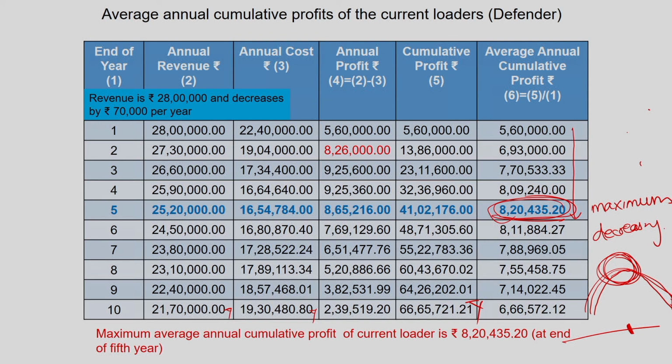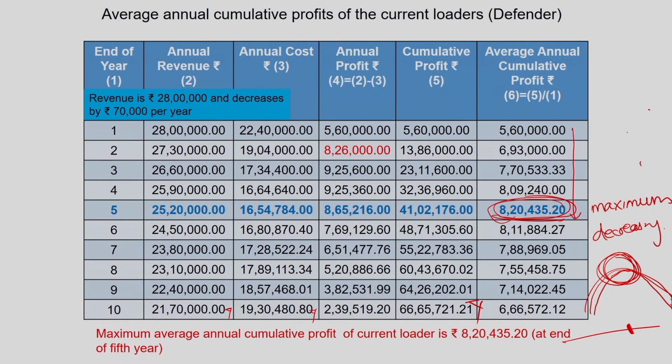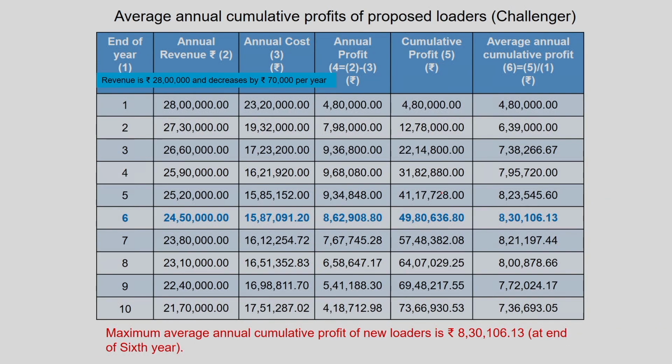One thing you have to note here is that when you estimate based on the minimum cost method, the economic life was different. For the Defender, hope you remember, the economic life was the 8th year, based on the minimum cost approach. Based on the maximum profit approach, you can see the economic life is the 5th year. So, different approaches give you a different view of the time of replacement.